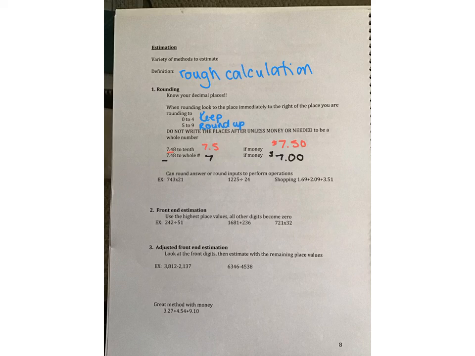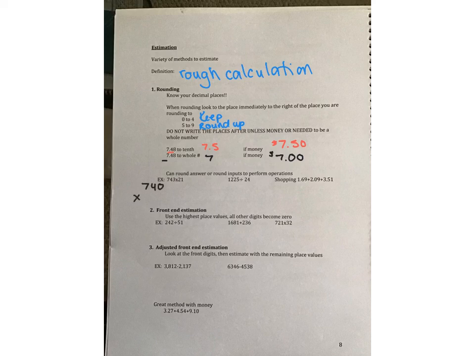When you're using rounding to do different operations, you can round to different places. Some people will just round the answers. Some people will round the inputs, so that way you can do them mentally. So for example, we could round 743. We might round that to 740.